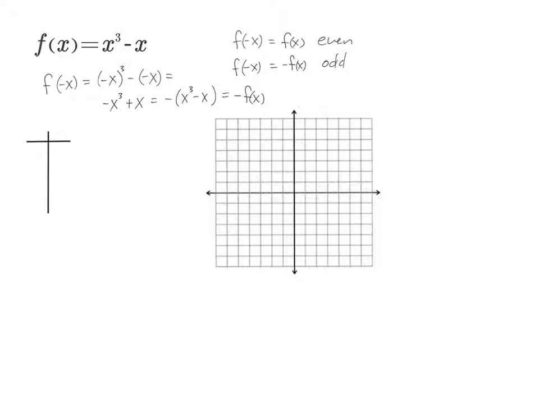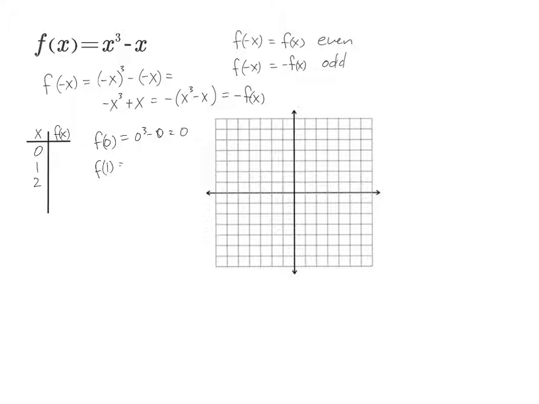Since I don't know what this is going to look like, I'm going to plot a bunch of x points, and we're going to get out our f of x. I'm going to do 0, 1, and 2. And we're not going to do negatives because I know what it's going to look like on the other side if it's odd. So f of 0 is 0 cubed minus 0, which is going to be 0.